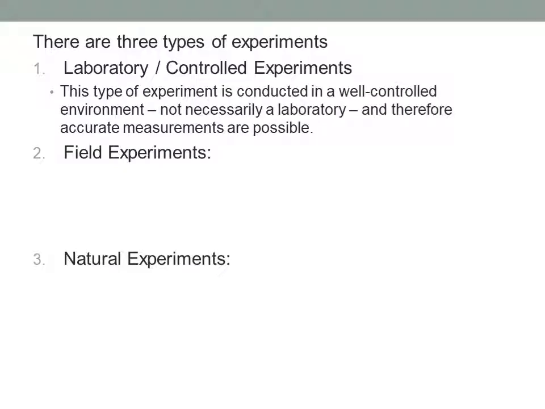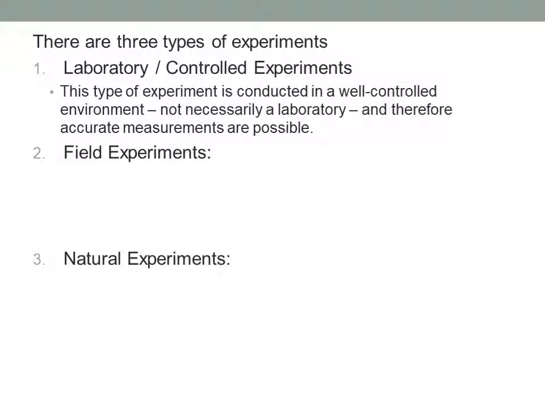First one is laboratory, or we call it controlled experiments. This is not only for biology but also for our engineering sciences. We use laboratory and controlled experiments. Here we have experiments conducted in well controlled environments. You know what are the variables that you change, what are the variables that have to be kept under control, and what are the things that you need to observe, or what is the dependent variable.